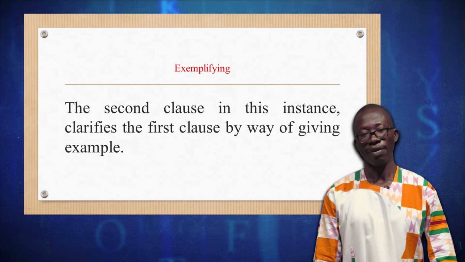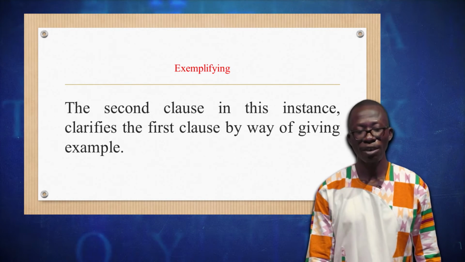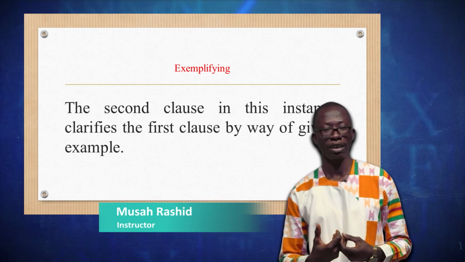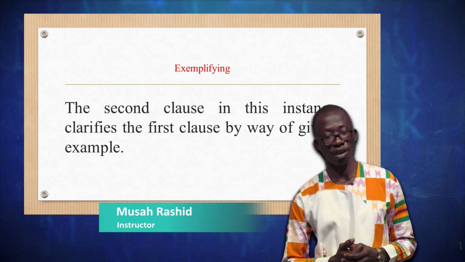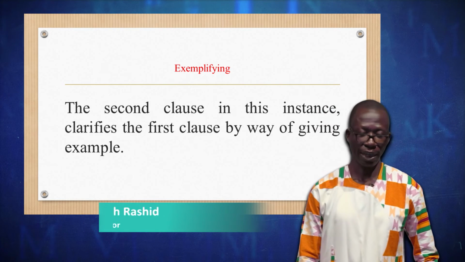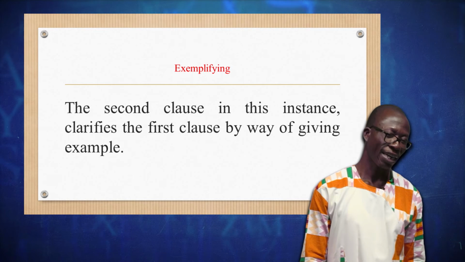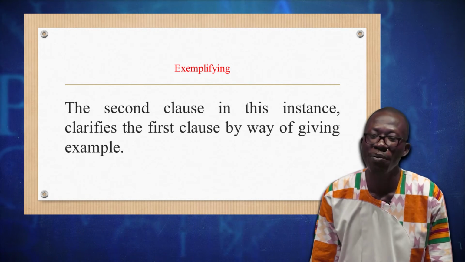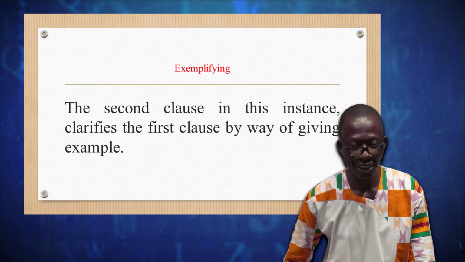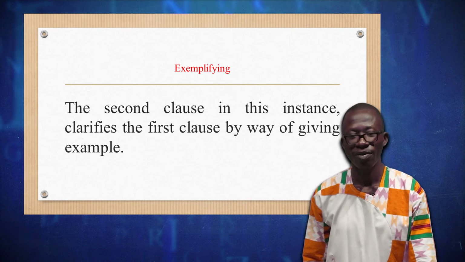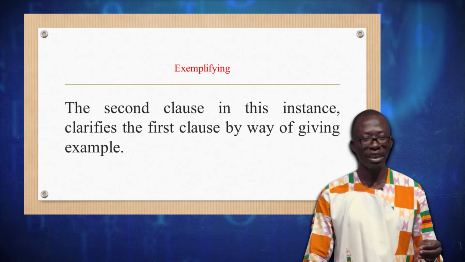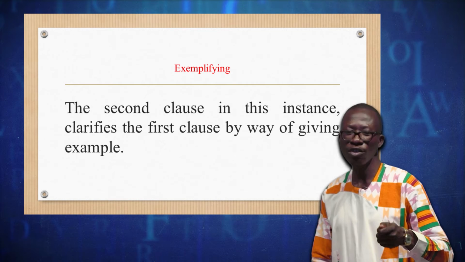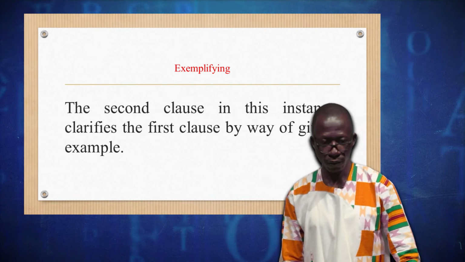Then we have exemplifying. Another method of connecting our clauses without using coordinators or subordinators is exemplifying. And what does it mean? By the name, exemplifying, exemplification, example, giving an example. So the second clause in this instance clarifies the first clause by way of giving an example.